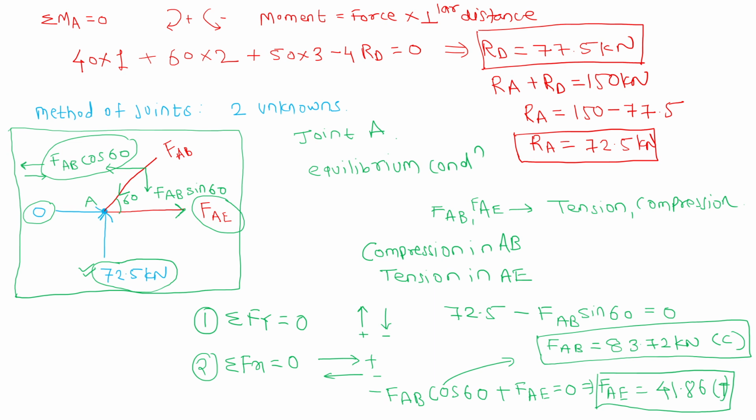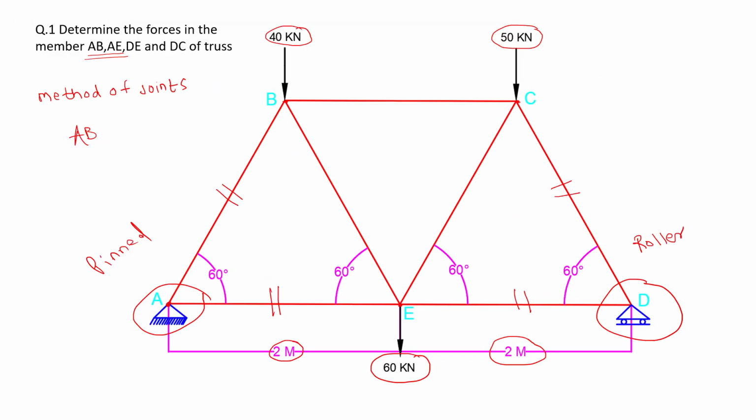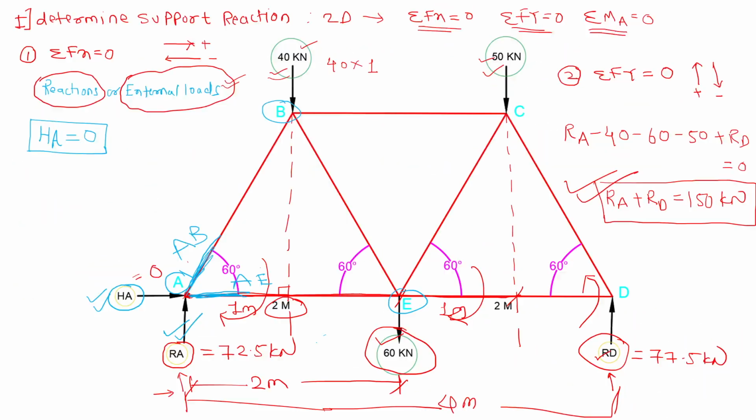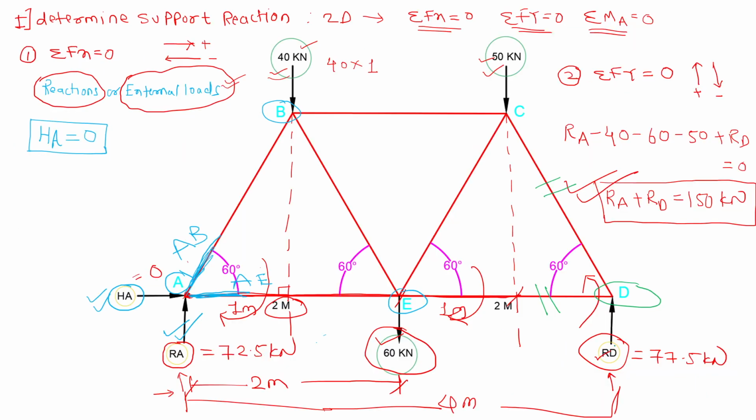Now let's do the process to find DE and DC force. So this is the DC, this is the DE member. So we have to draw the free body diagram of joint D. So here is the free body diagram of joint D. At joint D there is a vertical reaction, right? RD is there, vertical reaction 77.5.